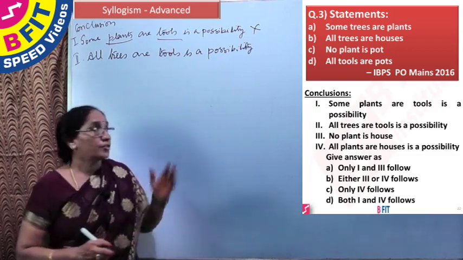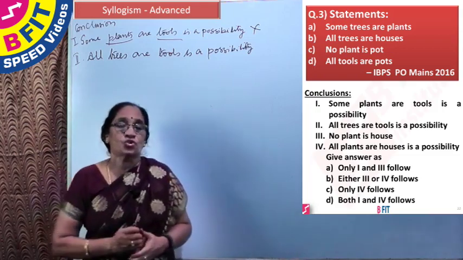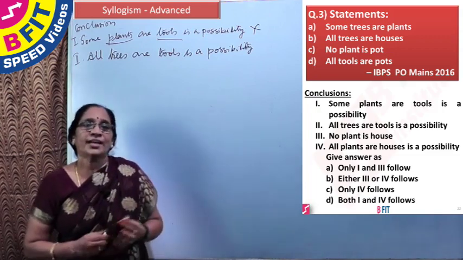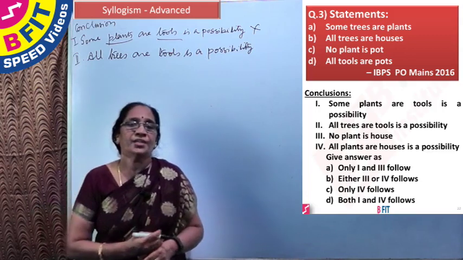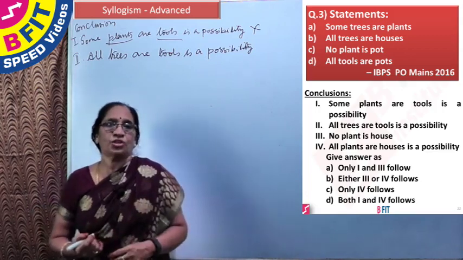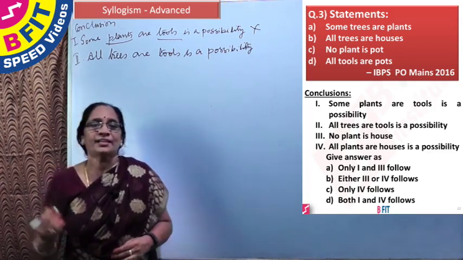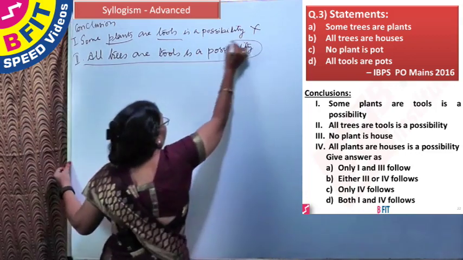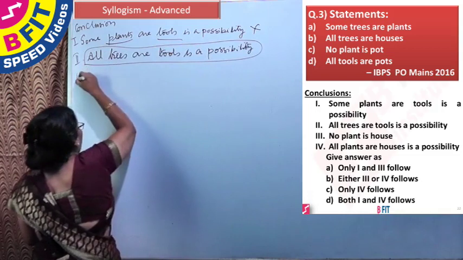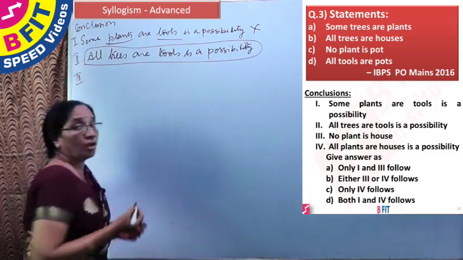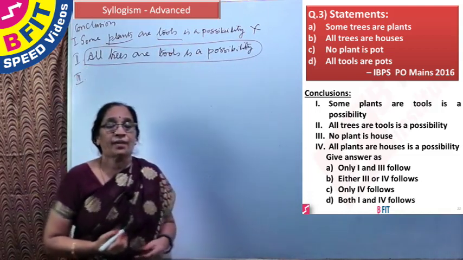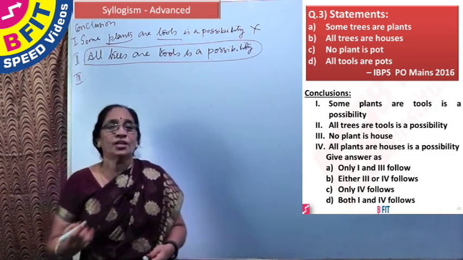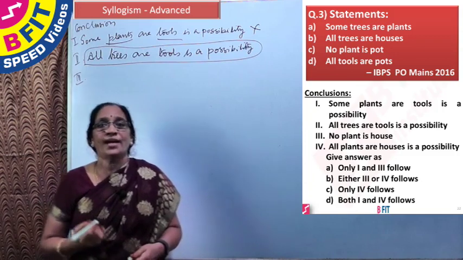But before proceeding to prove whether this is true or false, if we look at the answer options, we see that the second conclusion is not mentioned anywhere in the answer options. So we can simply eliminate the second conclusion. We are not going to waste our time proving whether it is true or false. Let us go to the third conclusion, which is no plant is house.